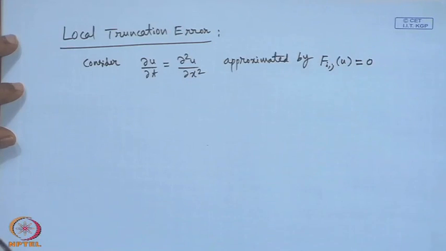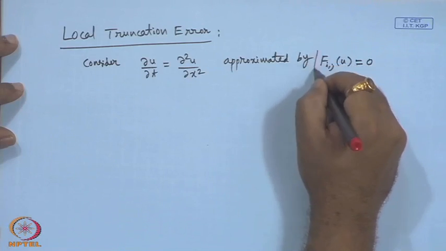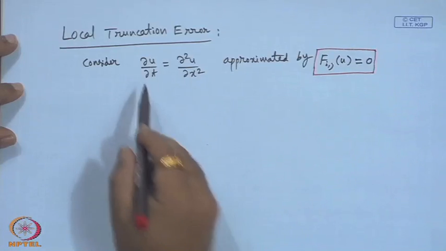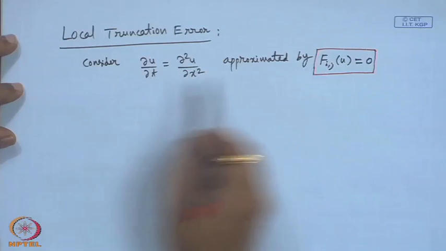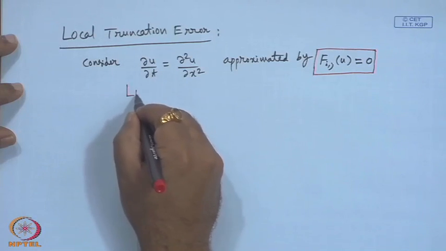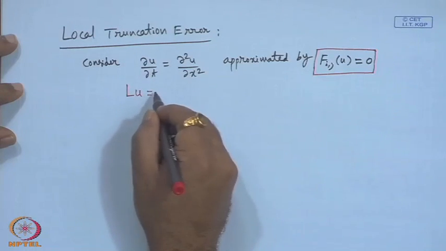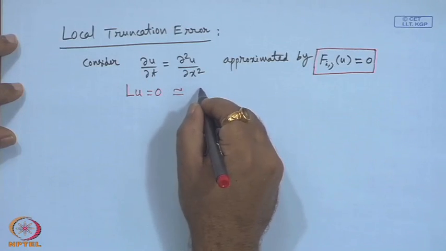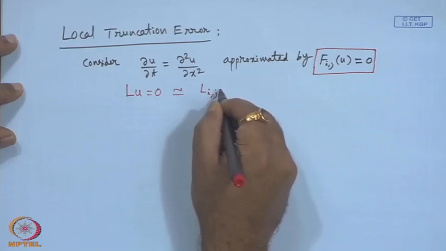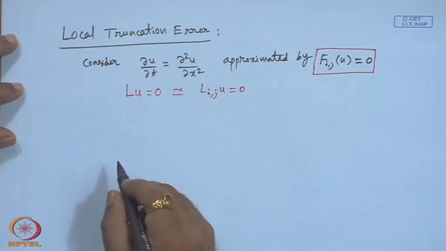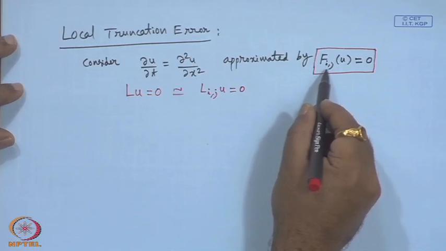So, that means this is the approximated operator. This is the original operator and this is the approximated operator. So, in some sense Lu equals 0 has been approximated by L_ij u equals 0.